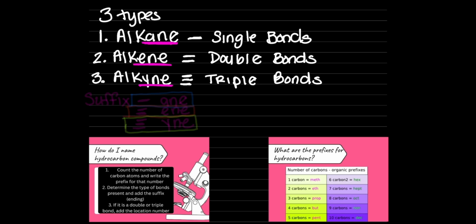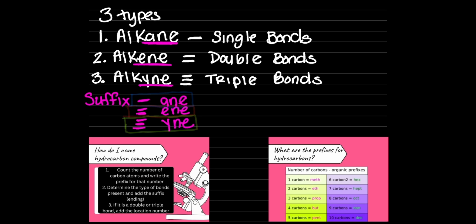Now I am going to make a note. Let me try to make a note somewhere. So your suffix for your single bond is ane. Your suffix for your double bond is ene. And your suffix for your triple bond is yne. Okay?